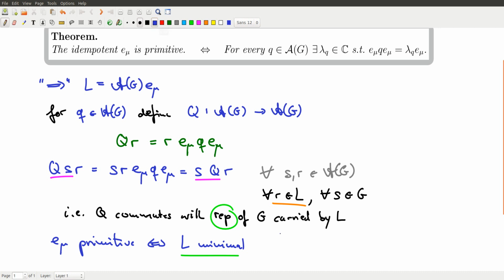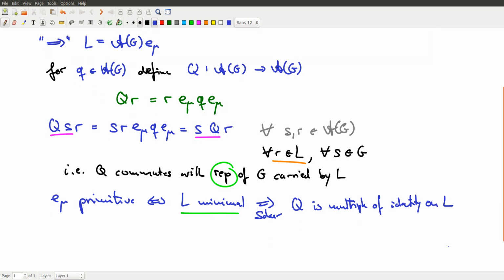But if this representation is an irrep, then Schur tells us that now the Q is a multiple of the identity on L.